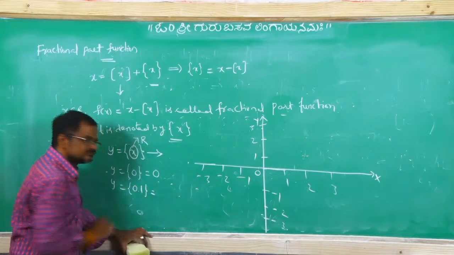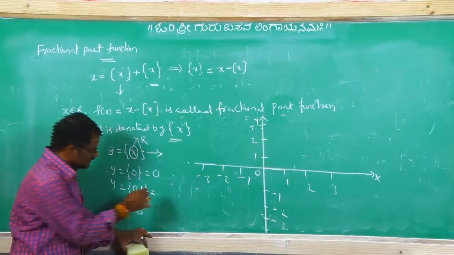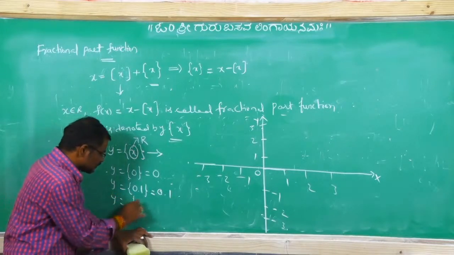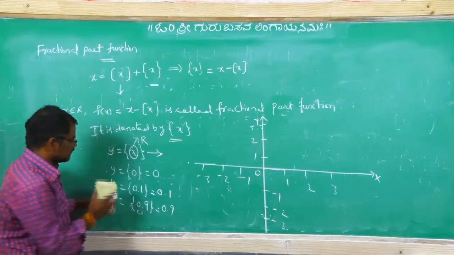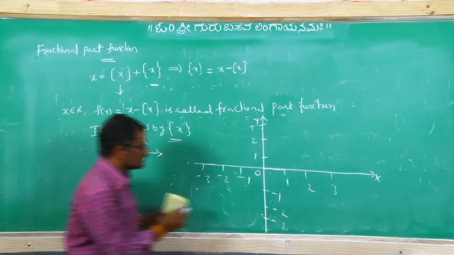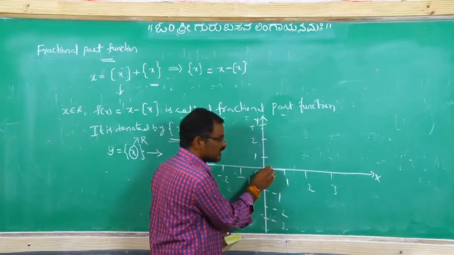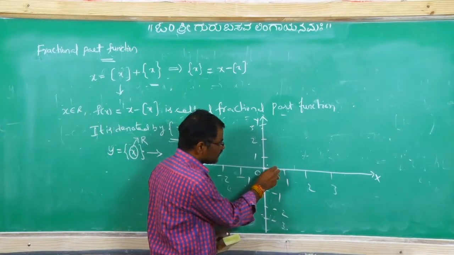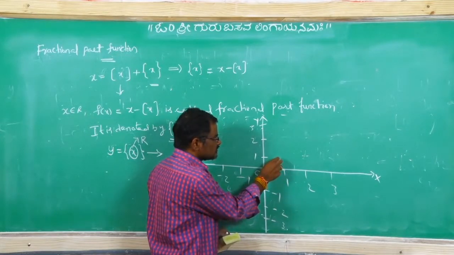0.1: what is the fractional part of 0.1? 0.1 only, no? What is the fractional part of 0.9? 0.9. So the fractional part of 0 is 0, of 0.1 is 0.1, of 0.5 is 0.5, of 0.9 is 0.9.